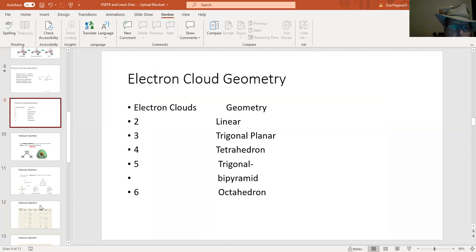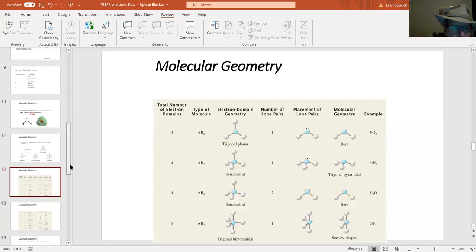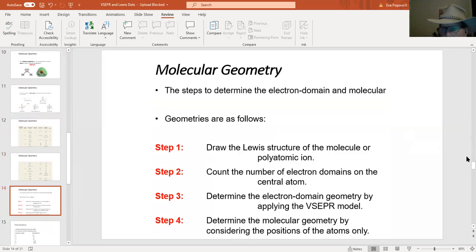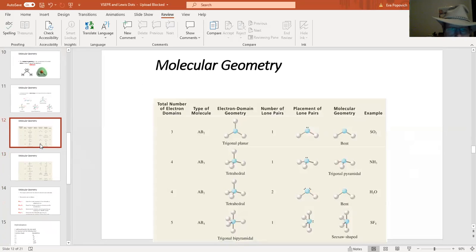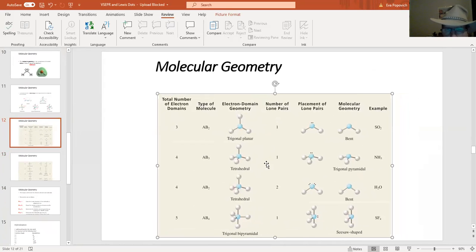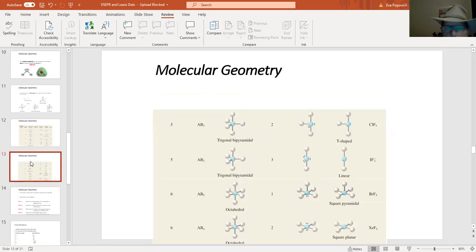So I'm going to go down to my other chart. If I have 1 lone pair in a trigonal bipyramid, I have seesaw shaped. What happens when I have 3 lone pairs in a trigonal bipyramid? What shape do I have? Linear.